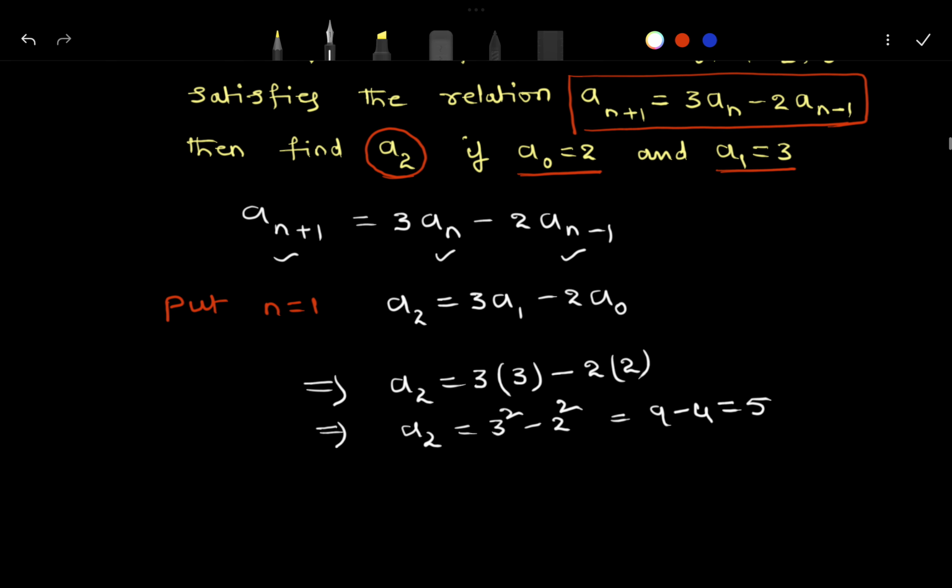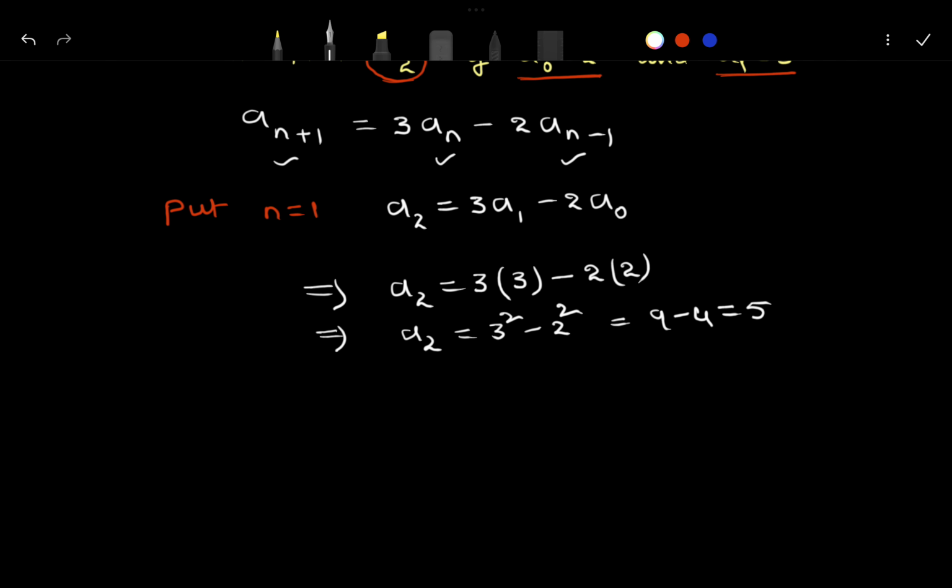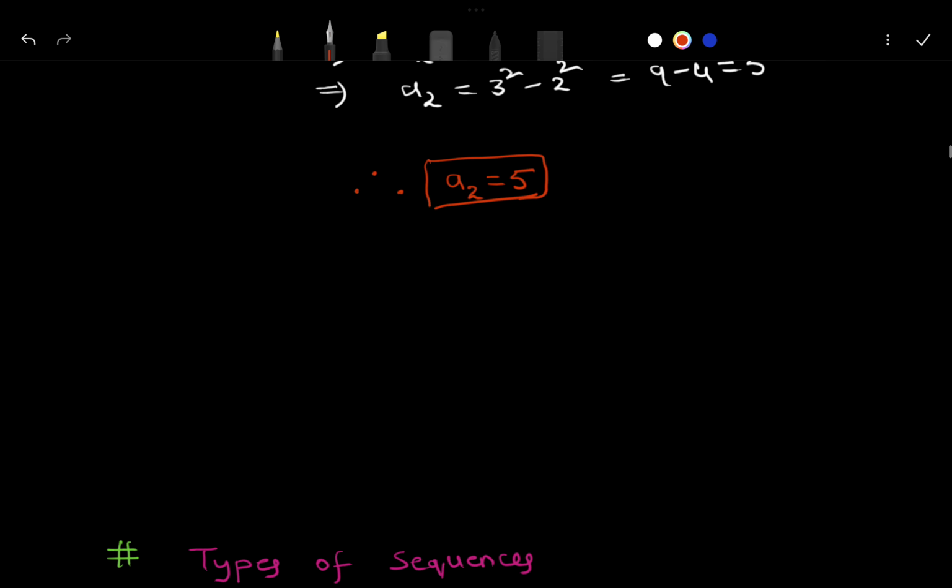So the required value, we can write, therefore a2 is equal to 5. Like that you can find the a3 value, a4 value and a5 value, whatever you want. You can also find the nth term from the given information.